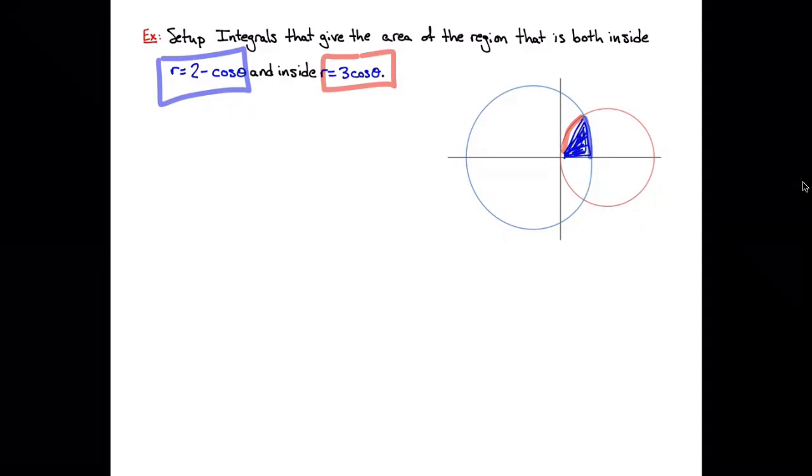Do this with both regions. If you've done this enough, you don't have to do it all. You can do it in your head, but if it's been a while, it's worth drawing and shading the regions to help you keep things straight.